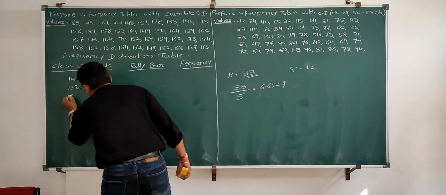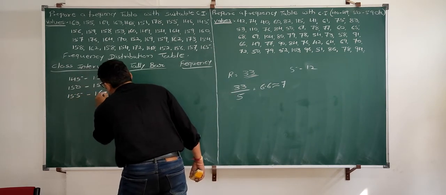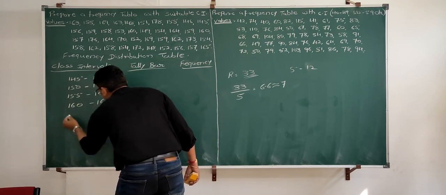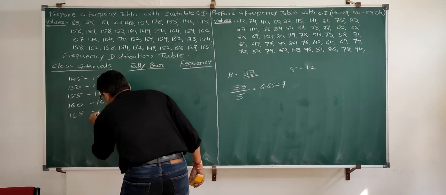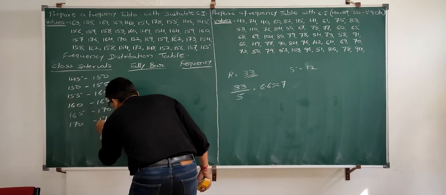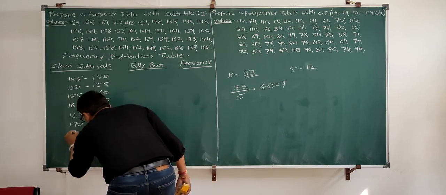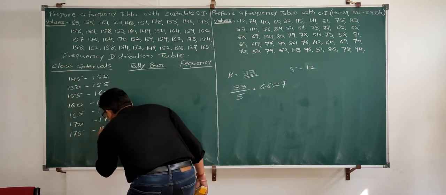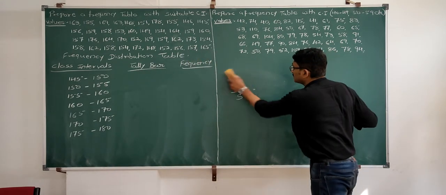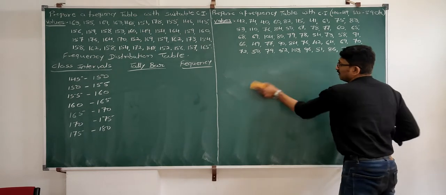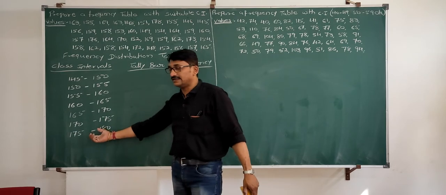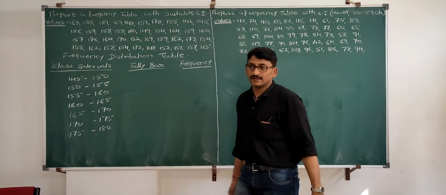Then the next classes are 155 to 160, 160 to 165, 165 to 170, 170 to 175, and the last is 175 to 180. Why is 175 to 180 the last class? Because my highest value is 178, and this comes under 175 to 180.